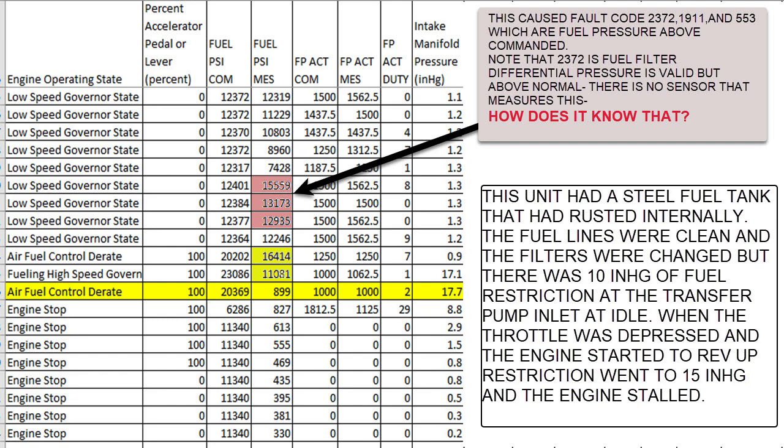And then they study the behavior of the fuel system when it goes under a load. And then they found out that a lot of the warranty claims they were paying on early engine release was because fuel filters plugged up and it had these faults. So they put that in there. People started changing their filters when they saw it, and the problem went away.